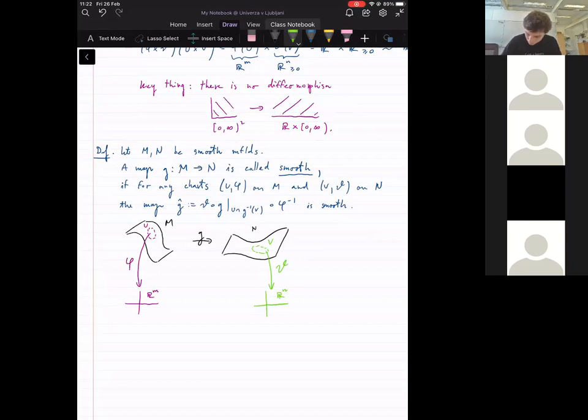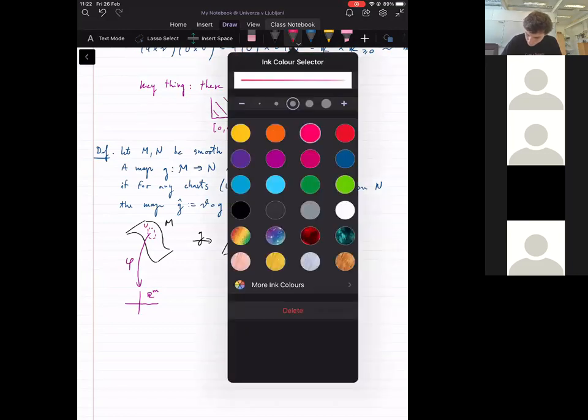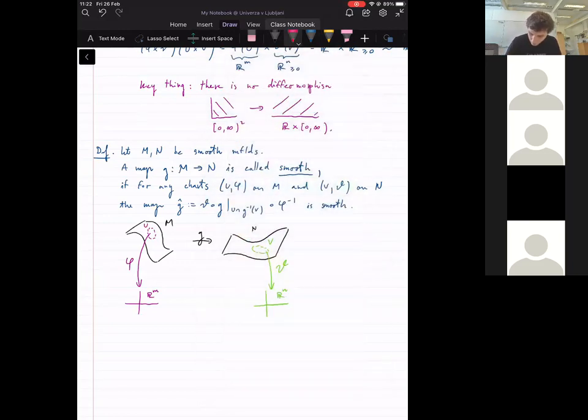Now we have to consider the pre-image of V via the map G. So this is the pre-image of the set V via the map G. And we are concerned about whether this composition here is smooth, right?